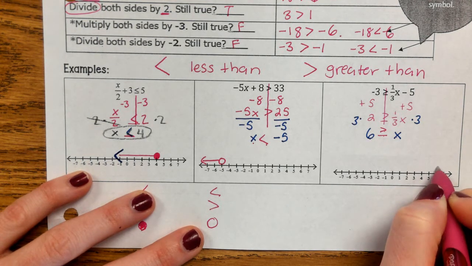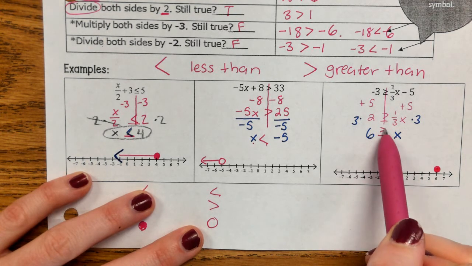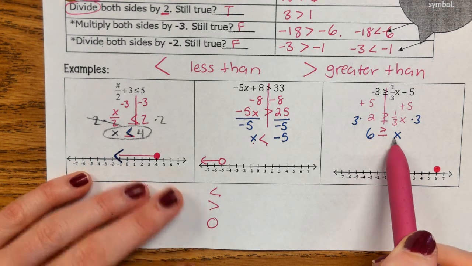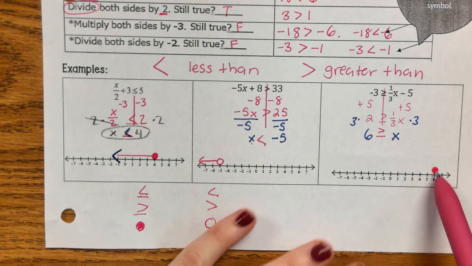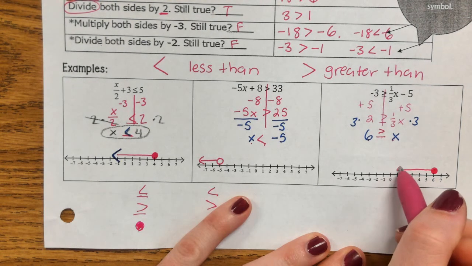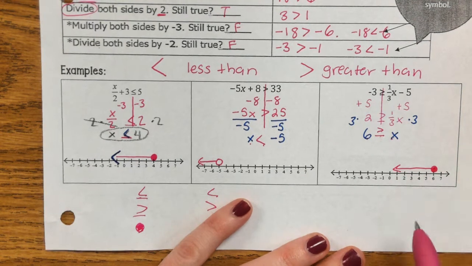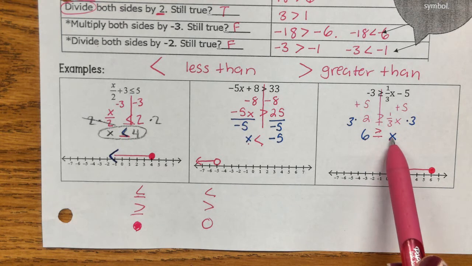Closed circle. And this says 6 is greater than or equal to x. So 6 is as big as it can be. The rest of the numbers have to be smaller than 6 because nothing can be bigger than 6.